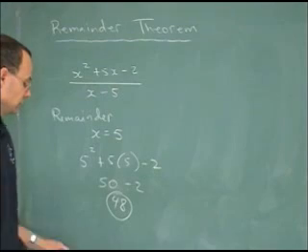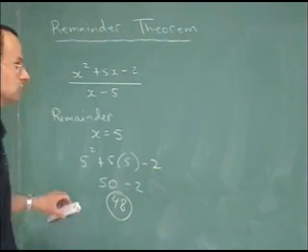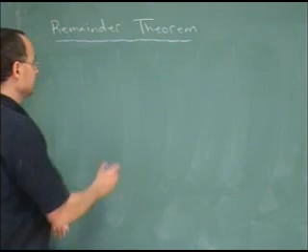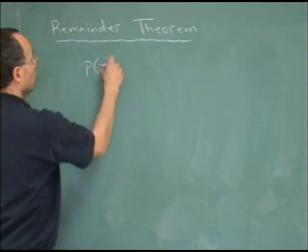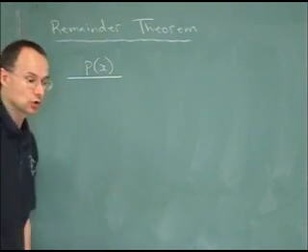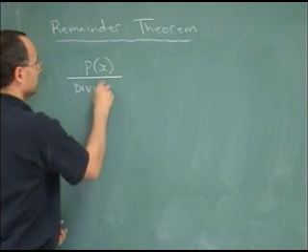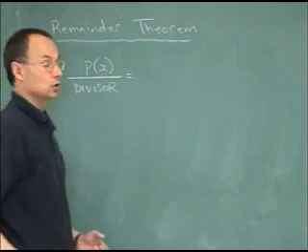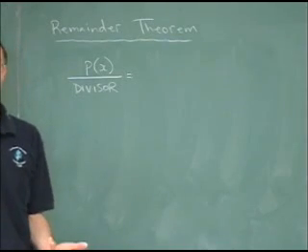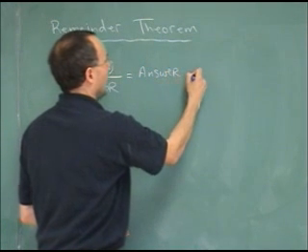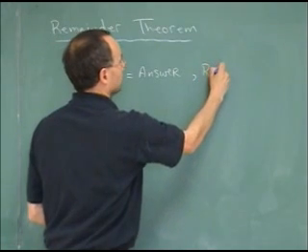Okay, let me just summarize what the remainder theorem actually says in a general kind of way. It says if you have some kind of polynomial and you're going to divide that up by some kind of divisor, you're going to get some kind of answer and a remainder.